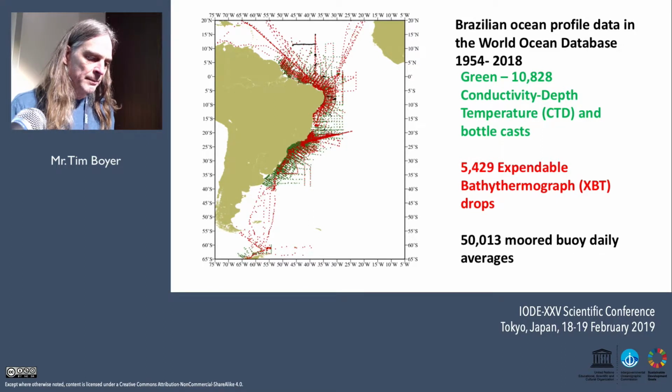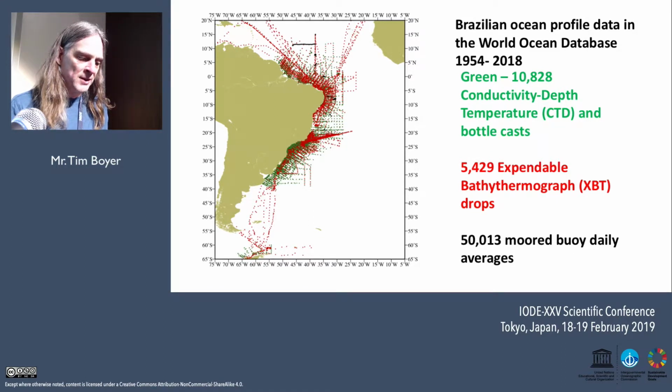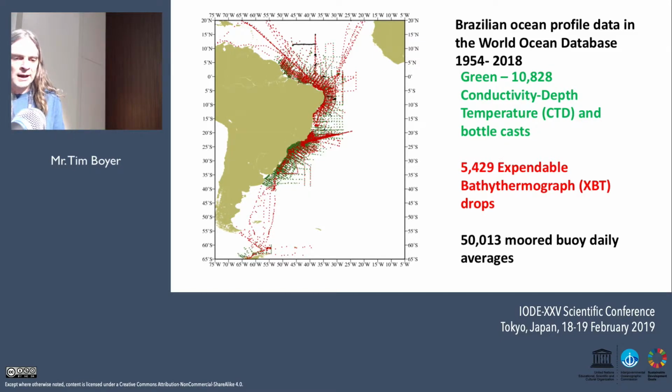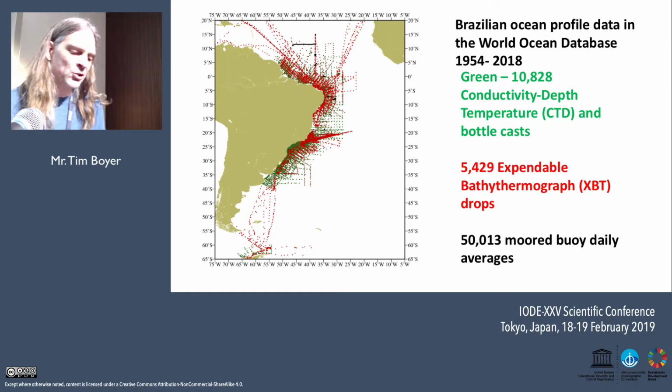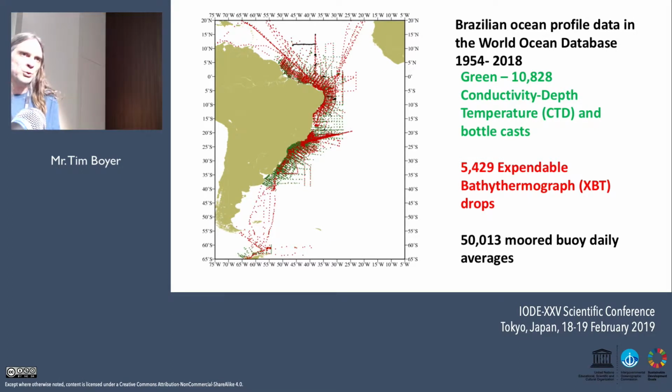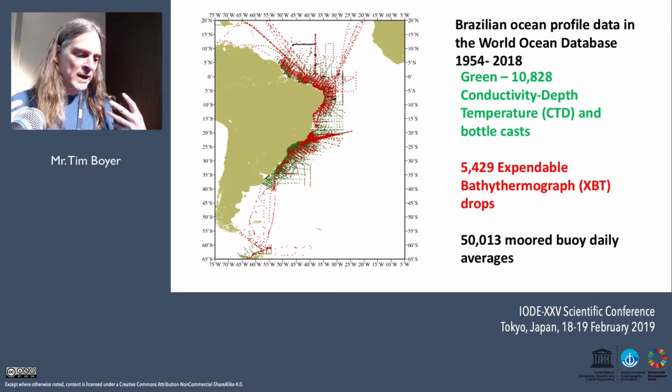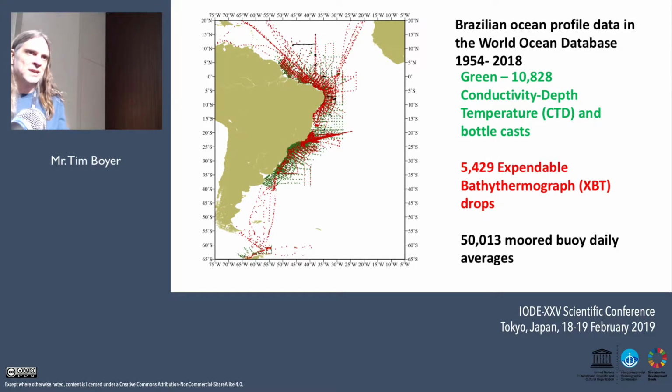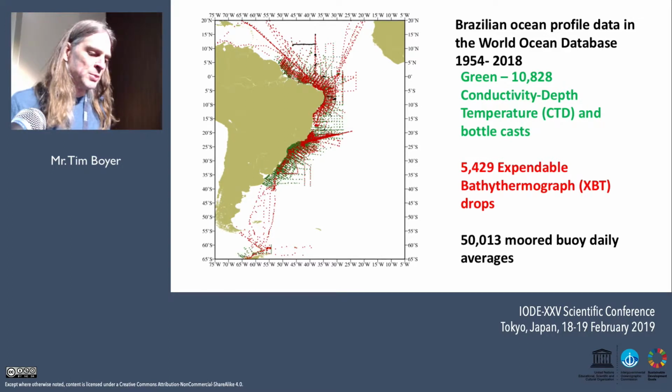So this is an example. We work with different entities in Brazil, the Brazilian Navy and the Brazilian government and institutions there, and have over the years gathered together Brazilian ocean profile data into the World Ocean Database. We have data from 1954 to the present, both CTD data, expendable bathythermographs, and moored buoys, because Brazil's involved in the PIRATA array. Most of these data were taken pretty close to Brazil for specific monitoring of fisheries or to study physical phenomena in the Brazilian waters.